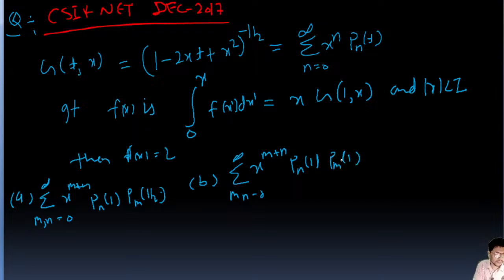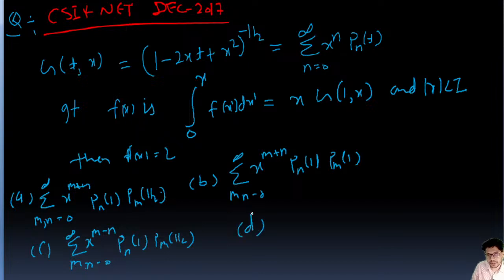Option C is sigma m,n equal to 0 to infinity x to the power m minus n Pn(1) and Pm(half).